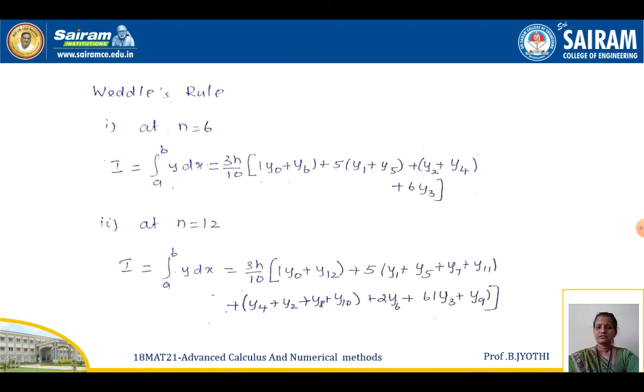Next comes the Weddle's rule. In Weddle's rule, we have two cases. The first case is when n equals 6.